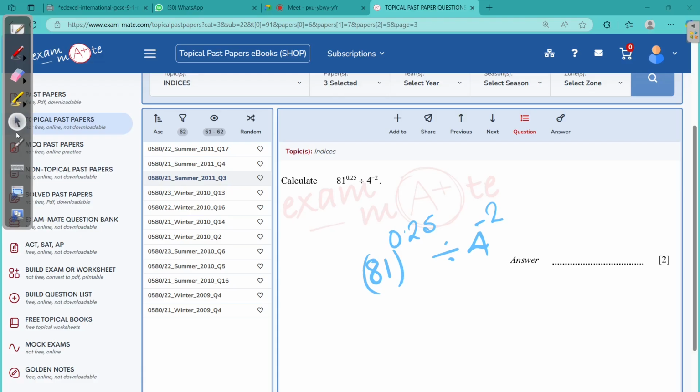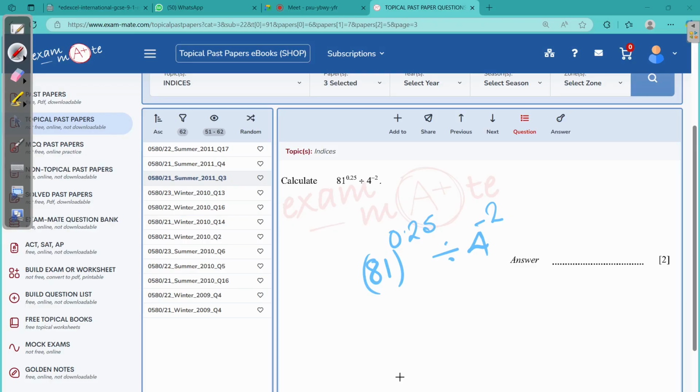Oh God, wait. Taking more time. Why is this so weird? 4 minus 2. What? How am I supposed to do this?